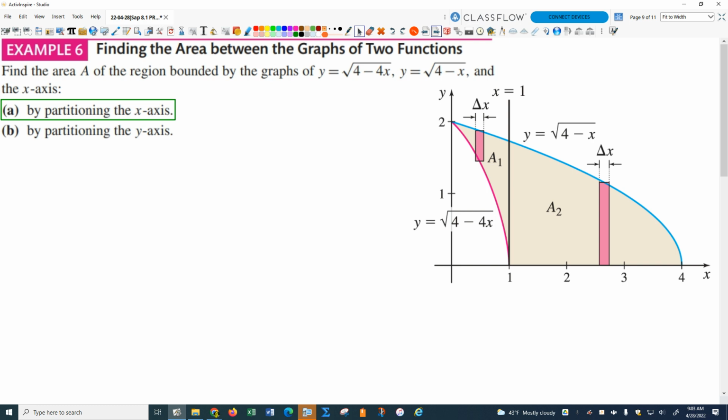What if we partitioned this one vertically, like we normally do? We can do that. How am I going to have to set this integral up, though? If I want to find the total area enclosed in quadrant 1, is that what we're saying? Yeah, by the x-axis and these two functions. How am I going to deal with that?